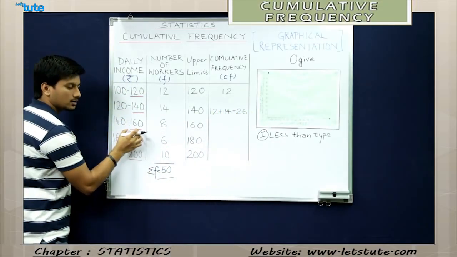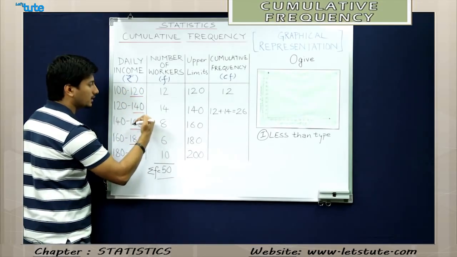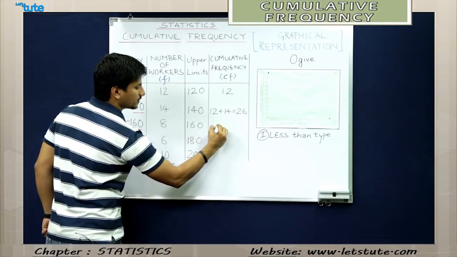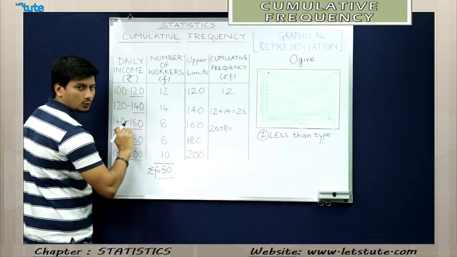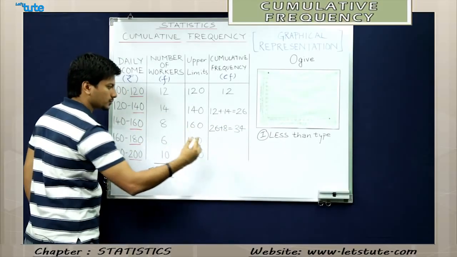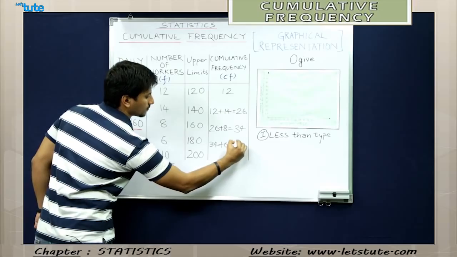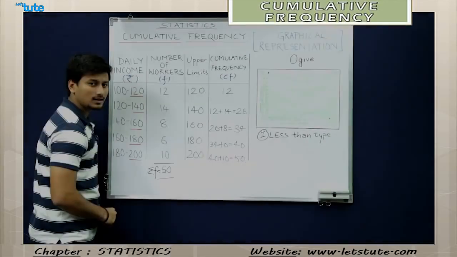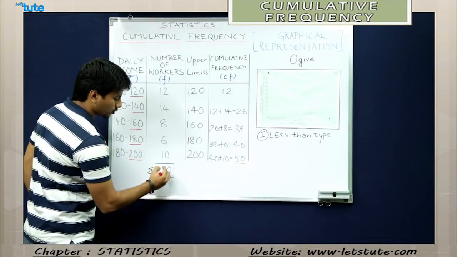Similarly, the cumulative frequency till 160 would be everything from 100 to 160. So 12 plus 14 plus 8 will be added. So 26 plus 8 will give us the cumulative frequency till 160, which is 34. Similarly, we'll do this for all the groups. Now if you notice, the last running frequency actually matches the total frequency.